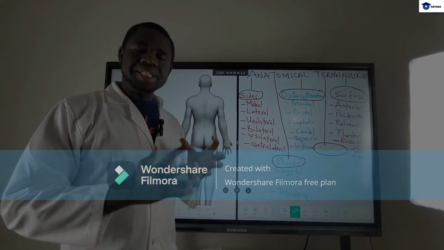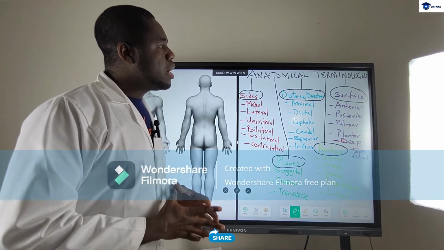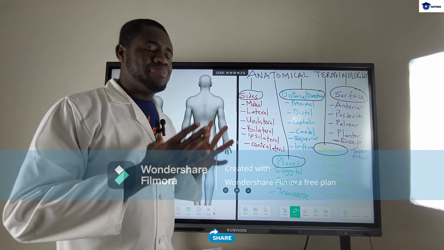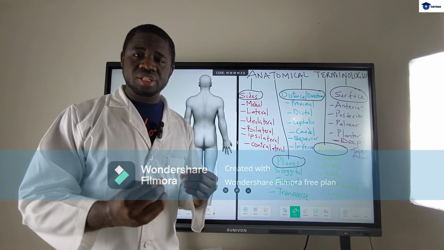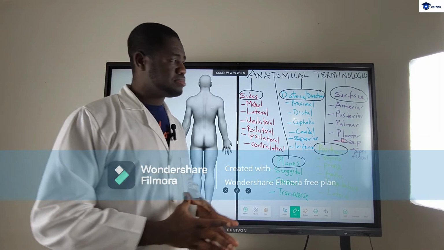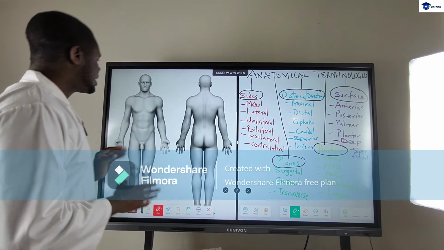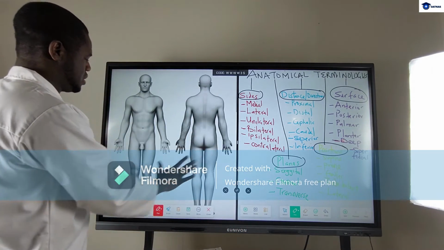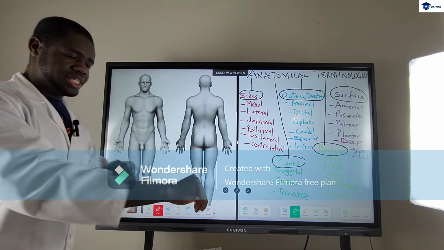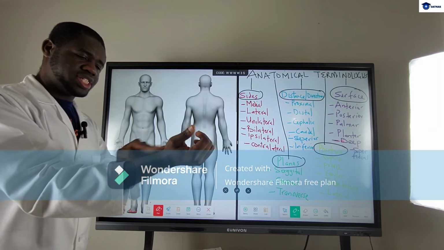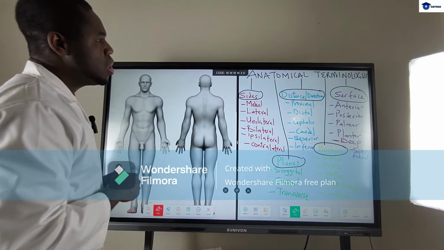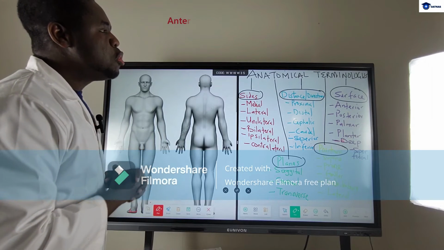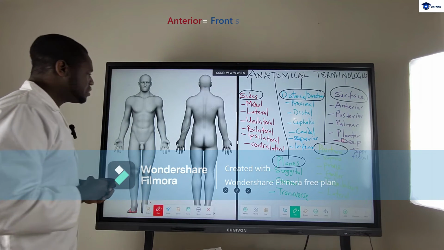So let's now talk about the terminologies that relate to the surface. You can see that this is the surface. This is my surface, the surface of my skin. So under these terminologies, we have the anterior.